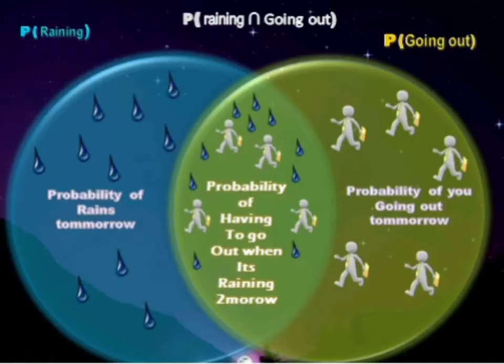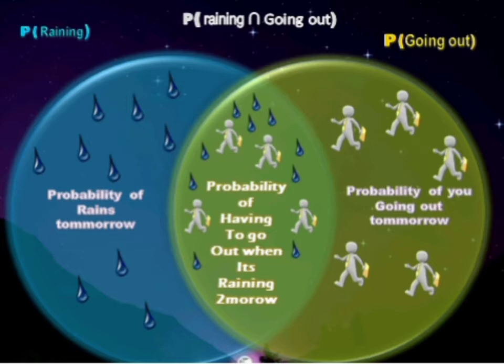In order to understand conditional probability, let's take this example. The blue circle in this image represents the probability that it is going to rain tomorrow. The yellow circle, the probability that you may have to go out tomorrow. Now let's bring these two probabilities together. That will be the multiplication, and in this an overlapping zone is formed.